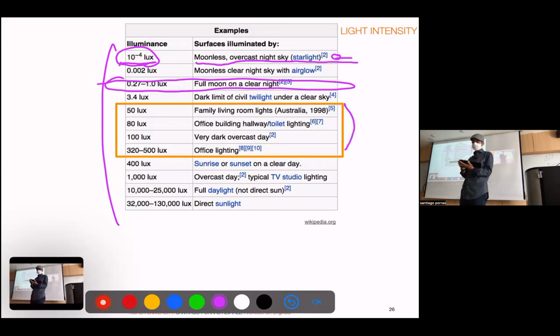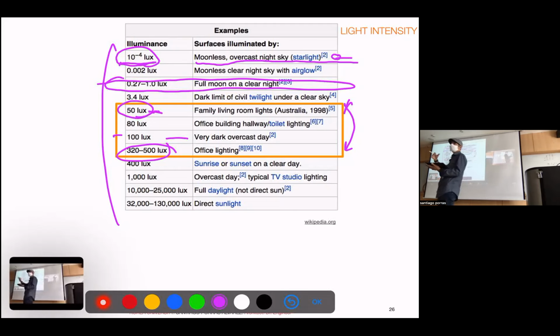And the most common intensities we use in interior design are between 50 to 500. 300 to 500 is the working space. 100 lux is just a general use, like rooms and so on, right? And 50 is really the basic lighting to have some pleasant light, but not enough for reading or doing some kind of work, but still pleasant to see around.